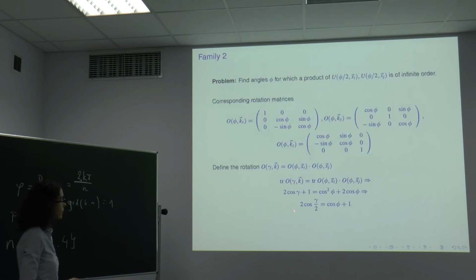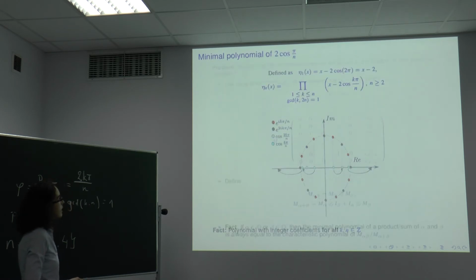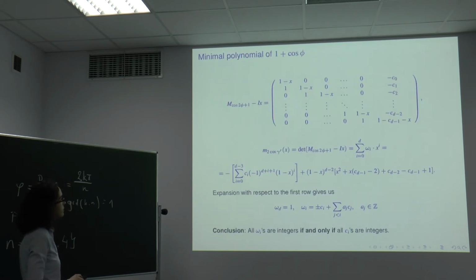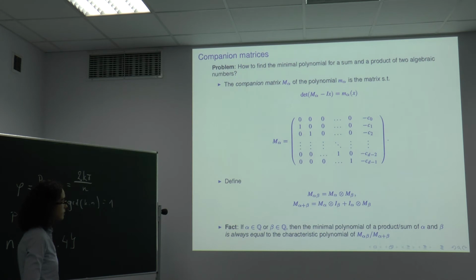So in order to find the coefficients of the minimal polynomial of this number, we need to compute the companion matrix for the minimal polynomials of this and this number, and find the coefficients of this minimal polynomial. Because in this case, we have a sum of two roots, where one of them is a rational number.